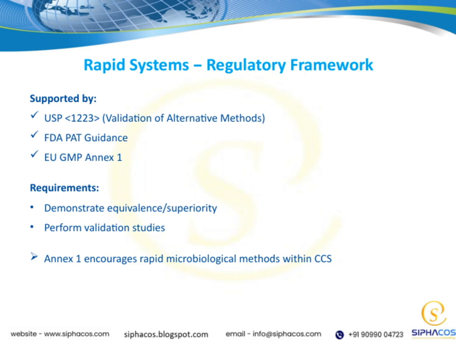This shows a clear regulatory push towards faster, more efficient microbiological testing in sterile manufacturing environments. Overall, these frameworks and requirements are designed to support the integration of rapid systems, helping us streamline quality control without compromising compliance or safety.